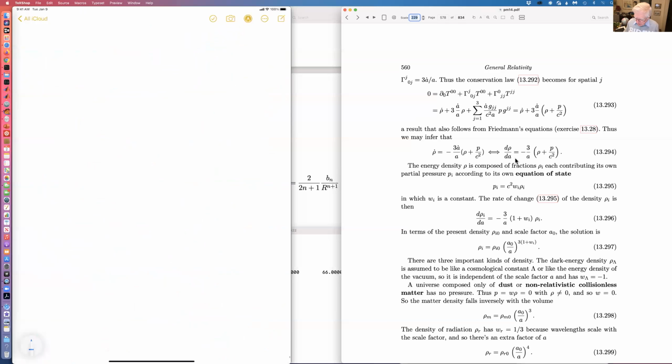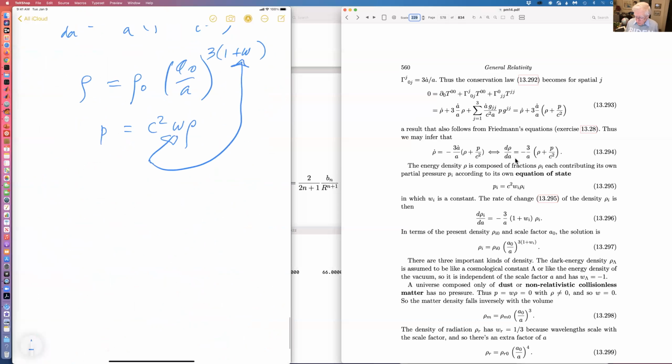All right. Anyway, what we have here is that ρ is some ρ0 over A cubed if ρ is due to just particles.